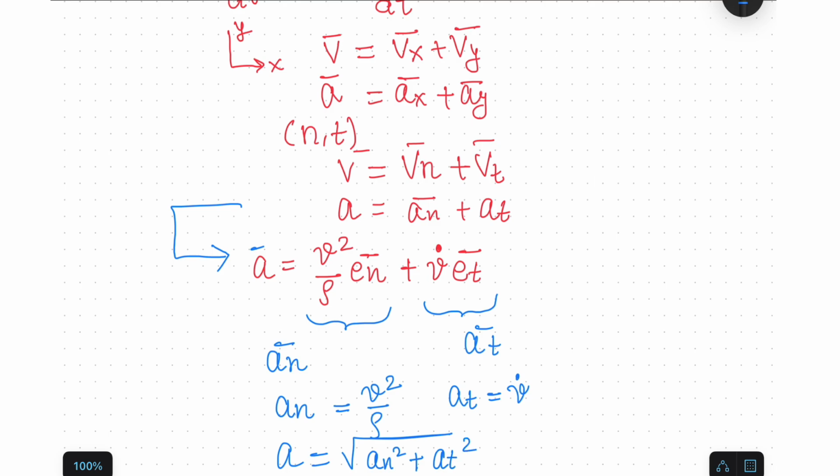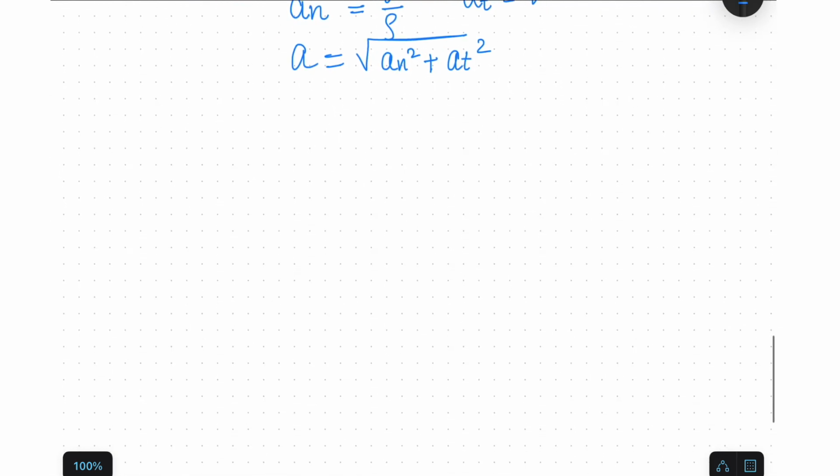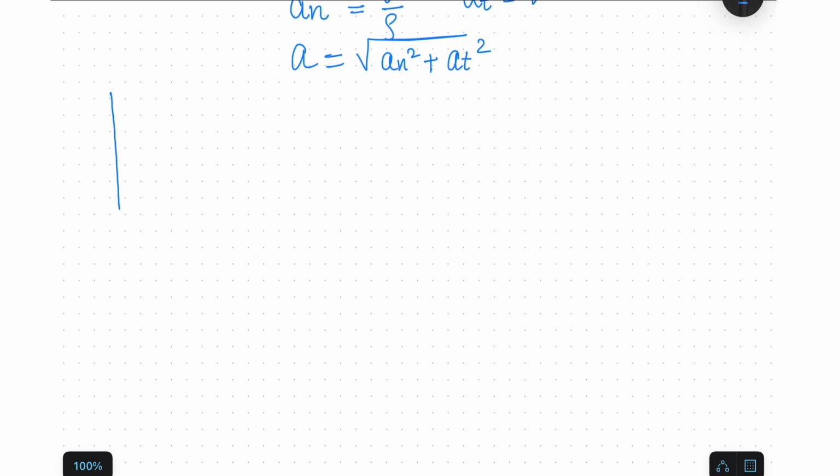Now I will talk about another concept, the acceleration direction. Let's go back to the picture again. Suppose this is our x and this is a curvilinear path and there are two points, A and B, and here is a center.